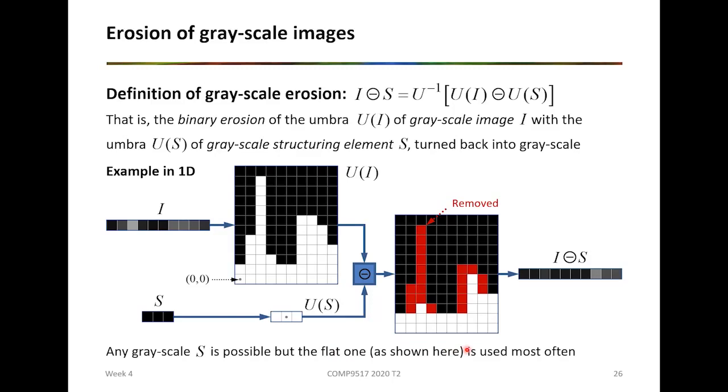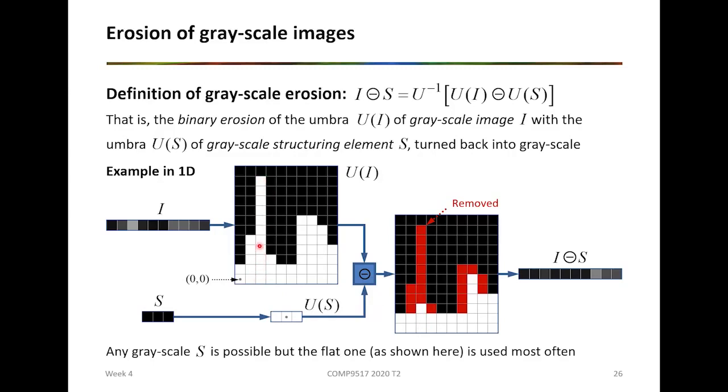And same as for dilation, let's have a look at what actually happened here. For dilation, we were replacing each column with its local maximum. Erosion does the opposite. It replaces each column with its local minimum. Let's look at this column, for example, this third column in the image.